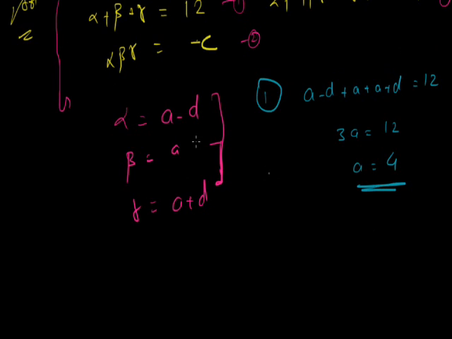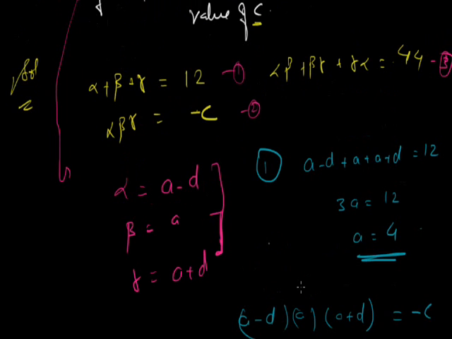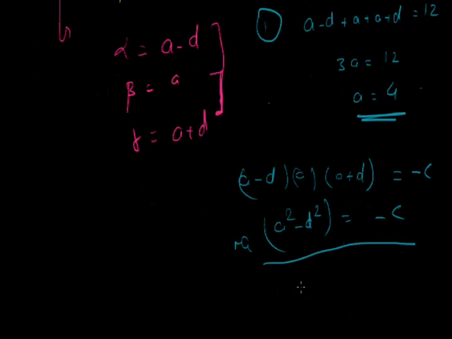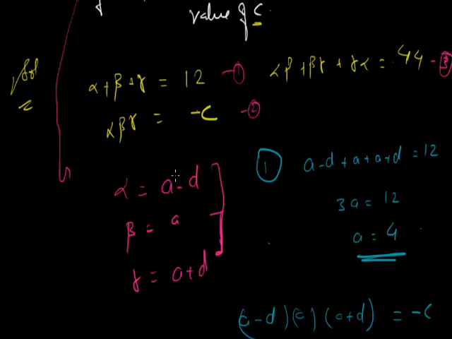Next, alpha beta gamma is minus c. Alpha beta gamma means a minus d, a, and a plus d is minus c. It means a square minus d square into a, we know the value of a here, which is 4. We don't know the value of d. Let's calculate the value of d also using the third equation. Third equation was alpha beta, beta gamma, and gamma alpha is 44.